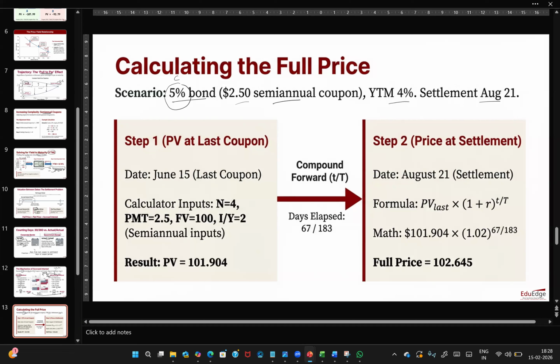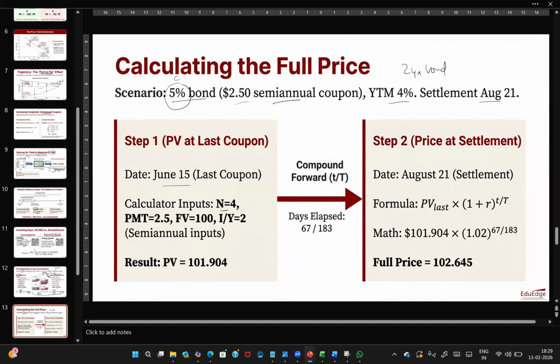And say June 15 was your last coupon date. So how will you calculate? Then you will use your PV formula, in which we say N is 4. And why is N 4? N is 4 because it's a 2-year bond. PMT is, so here I'll write 2-year bond.